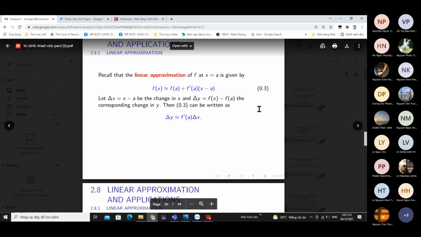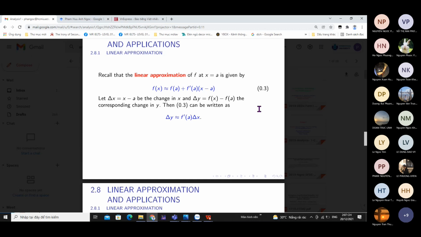All right. Now, I want to tell you a very, very important concept in differentiation of a function of one variable. From the above linear approximation, you see, given a function f, you can find a linear approximation of the function f at a given number a. f of x here is approximately the linear function f of a plus f prime of a times (x minus a).